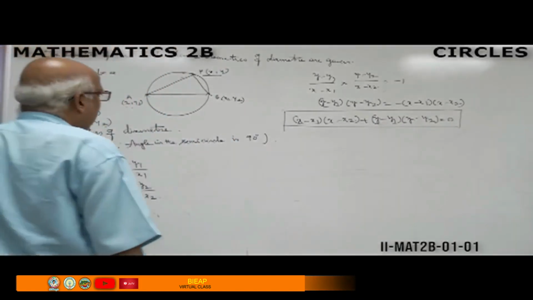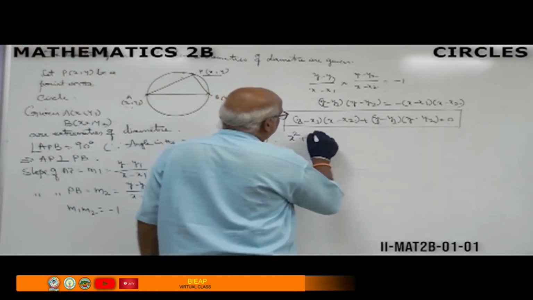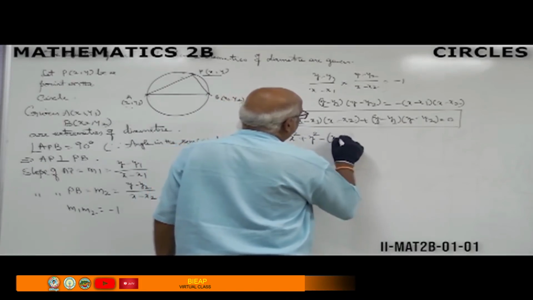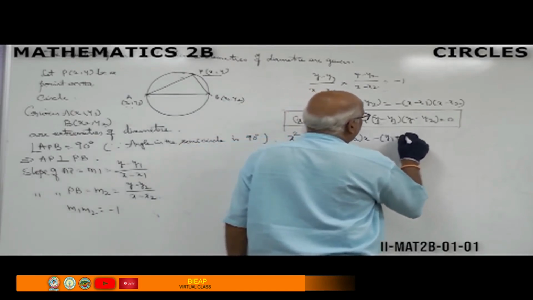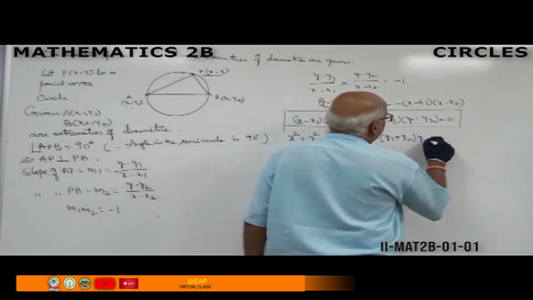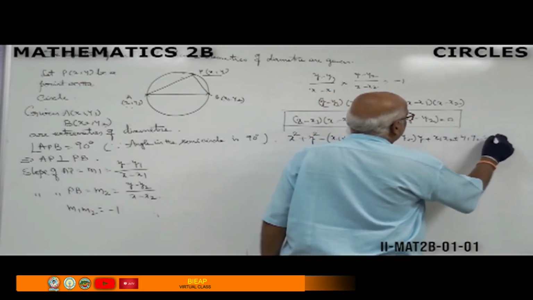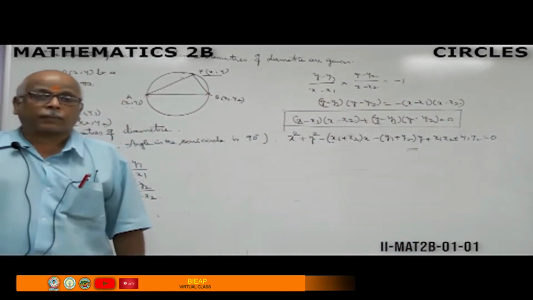The same formula we can write like this also: x square plus y square minus (x1 plus x2) x minus (y1 plus y2) y plus x1 x2 plus y1 y2 equals 0. In this way also we can write this.